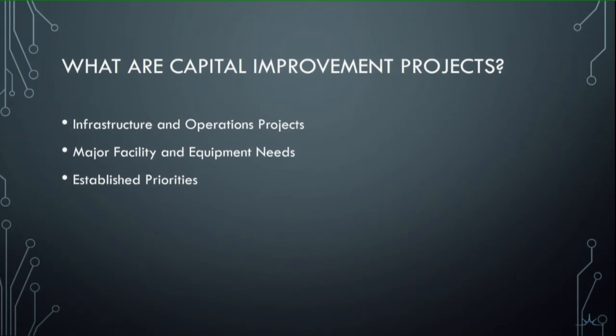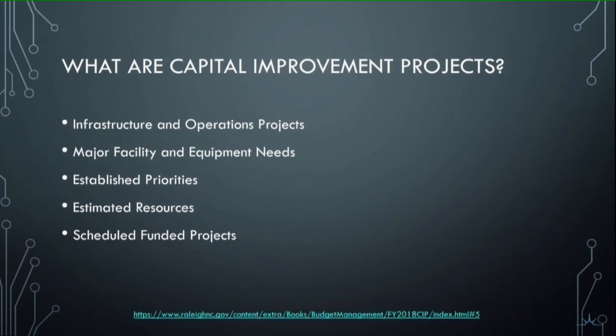Typically, they are in an established order of priority, and we've already estimated resources on them. They are scheduled funded projects once council approves them. Council will see every project that's proposed, and they'll decide whether to approve or deny it. Typically, the funding source comes from some sort of bond or something like that.